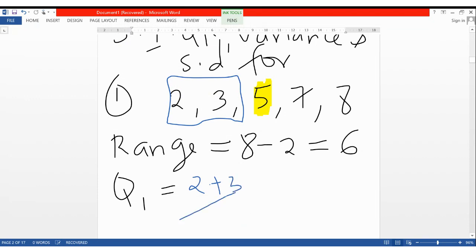If you are able to identify the median, then you just block it, and the remaining numbers will be okay. You just take the average of the remaining numbers, as if you are taking the median of those numbers.